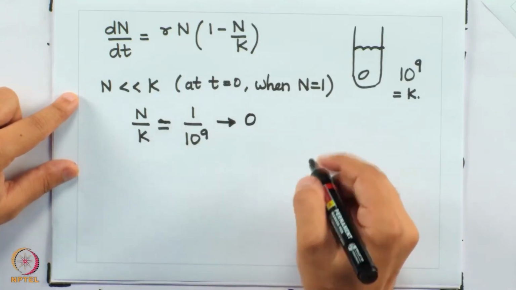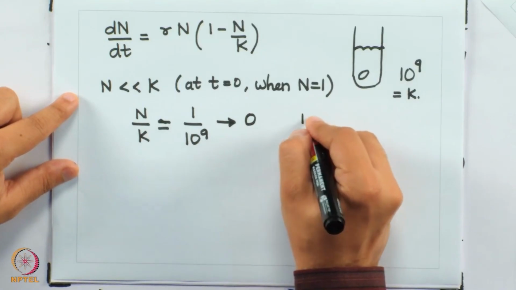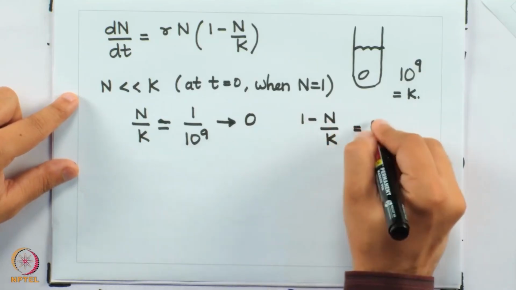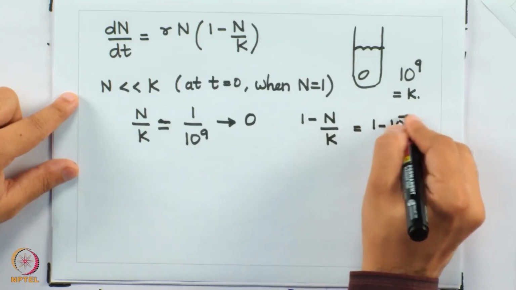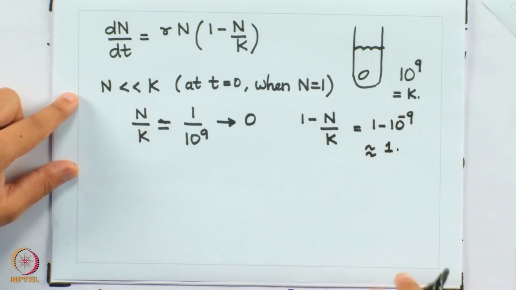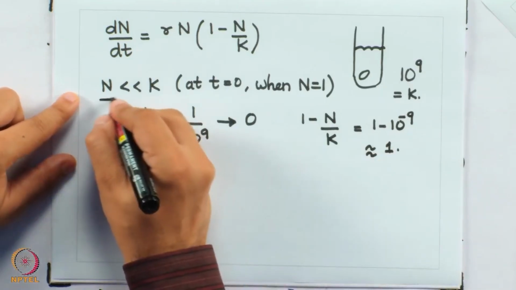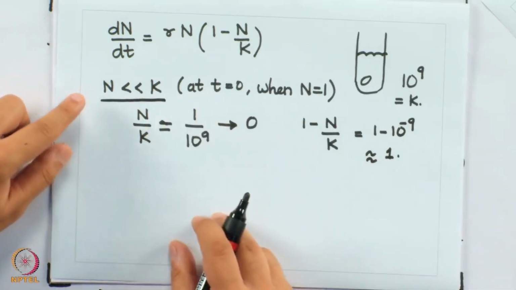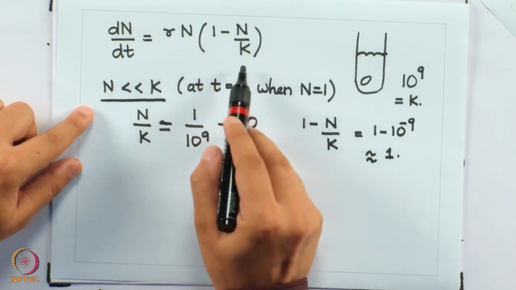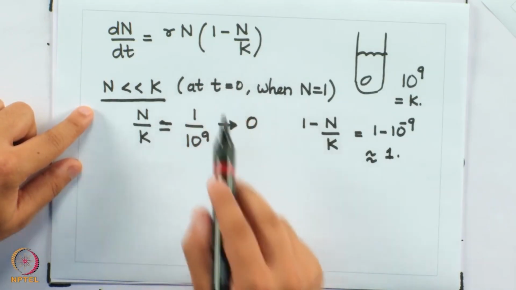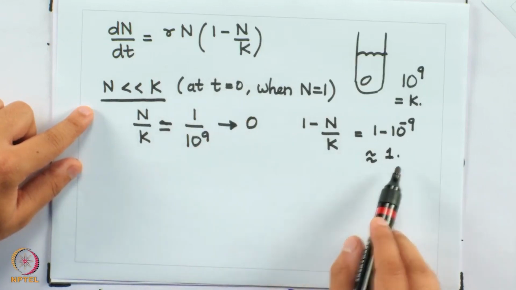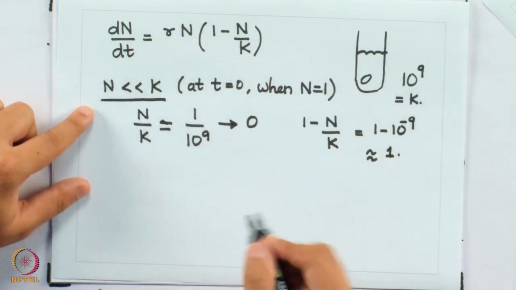And what that means is 1 minus N by K, which is equal to 1 minus 10 power minus 9, is approximately equal to 1. So at this point in the growth phase, when N is much less than K, this factor 1 minus N by K, which is the additional factor that we have introduced in our equation, is approximately equal to 1, and hence can be removed from our equation.